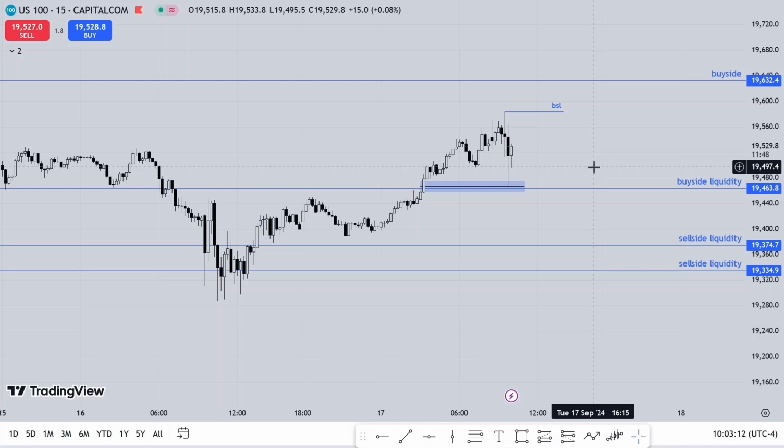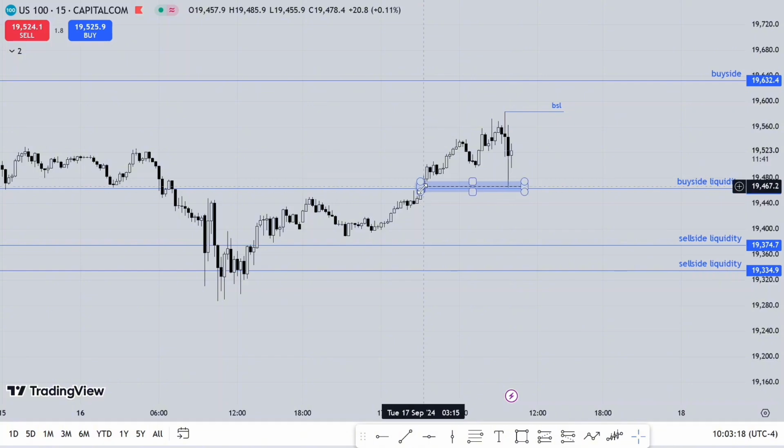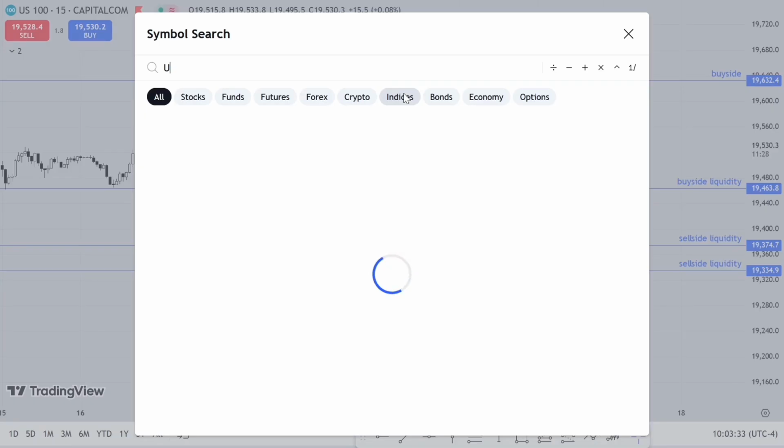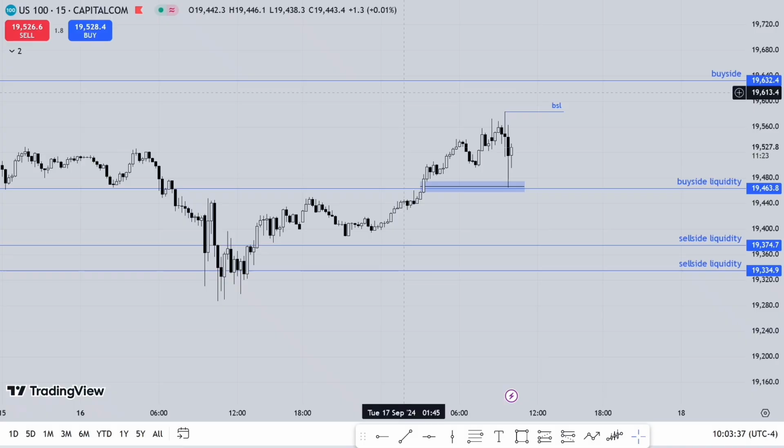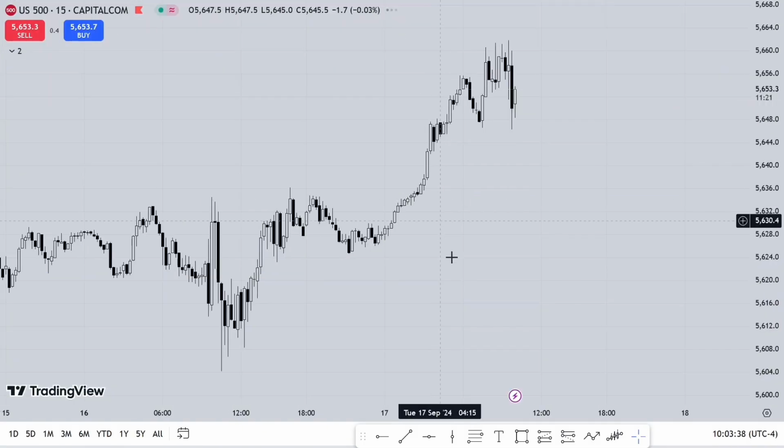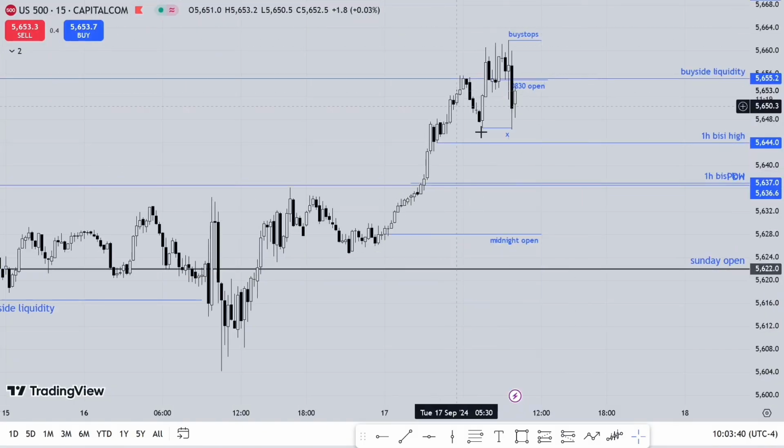And from narrative here, when the ES fails to fill an imbalance like this, where there's a fractal nature in price, and because of the correlation between the ES and the Nasdaq, when the ES is unwilling to tap into its imbalance, that is price indicating higher prices for that asset.